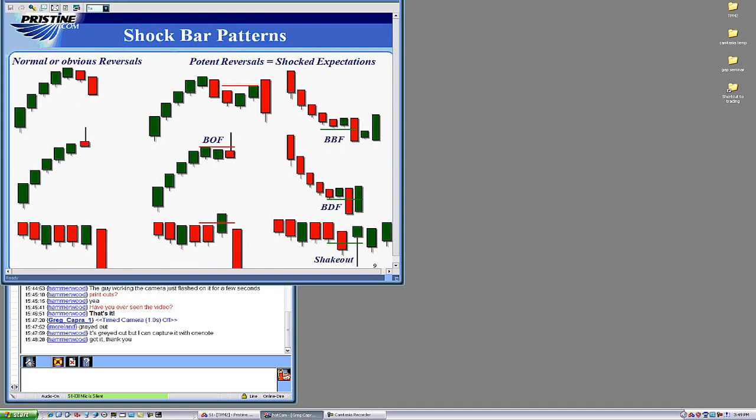If I just captured it and saved it as a JPEG, anybody that wants it can just email me and I'll send it to you. I'm wondering if I do it this way, print screen, if it comes up any different. Let's try that. No, that doesn't work. Alright, anyway, you can print screen or capture it.